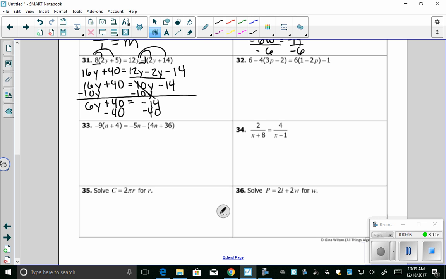Subtract 40, and I'm running out of space. And I'm going to get 6y equals negative 54. Divide both sides by 6. Y equals negative 9.